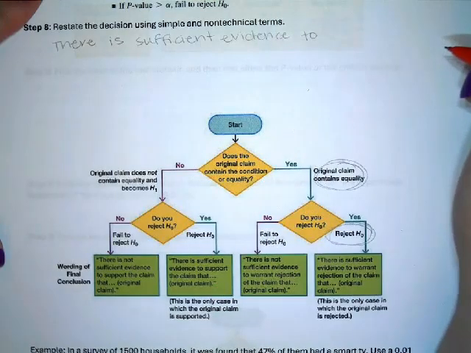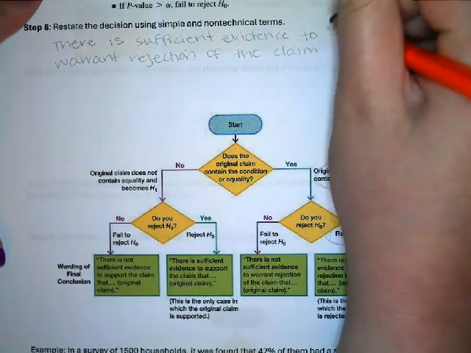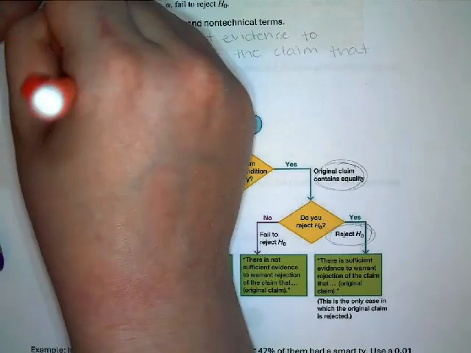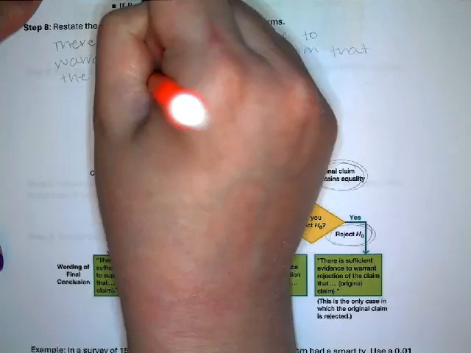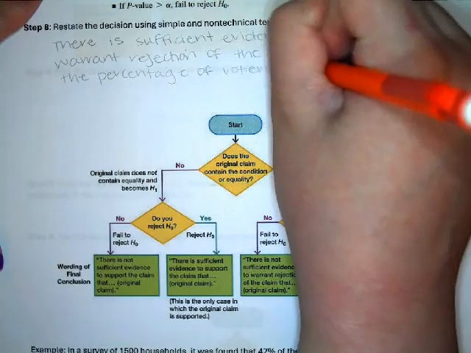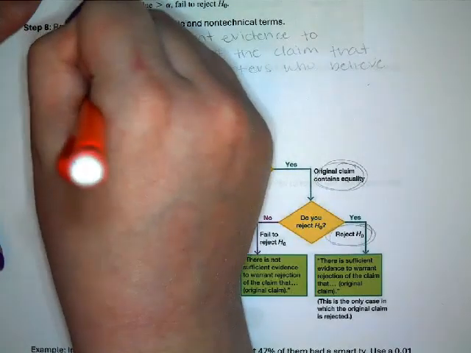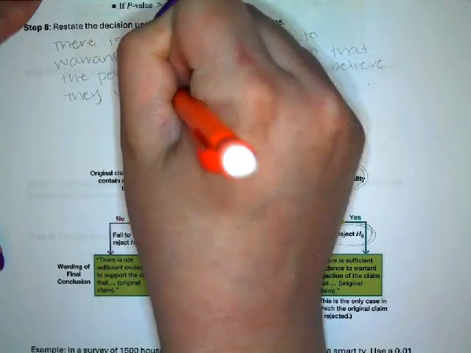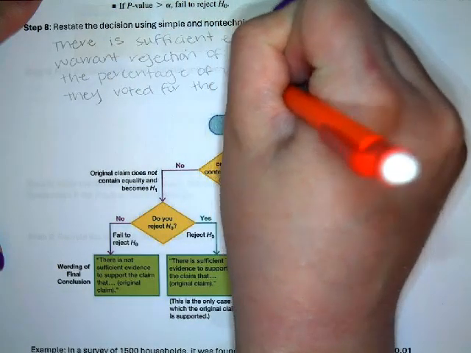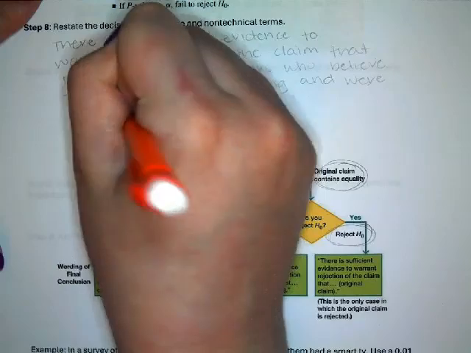to warrant rejection of the claim that the percentage of voters who believe they voted for the winning candidate and were right is 43%.